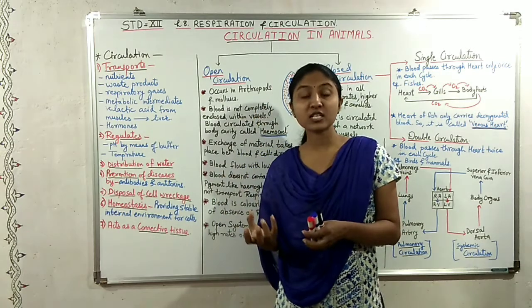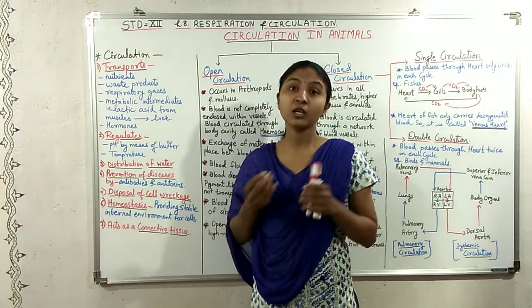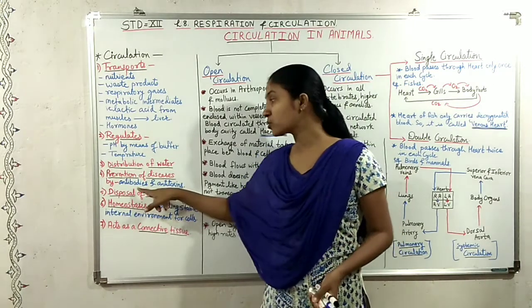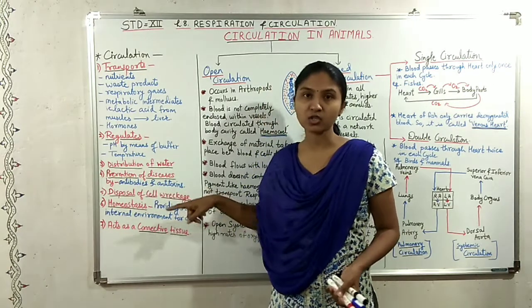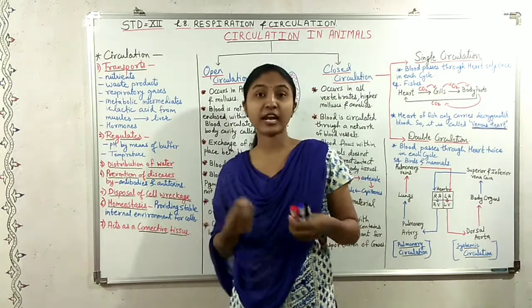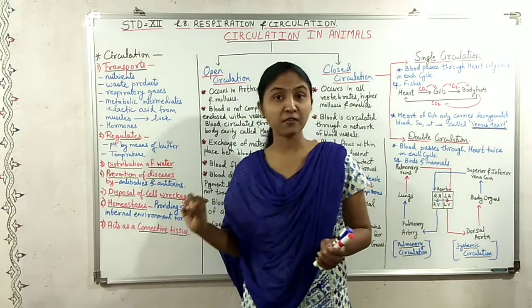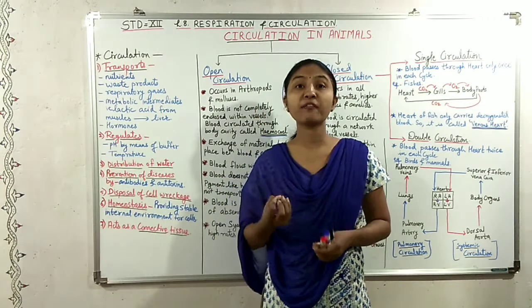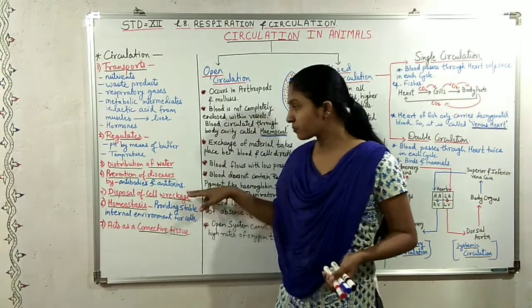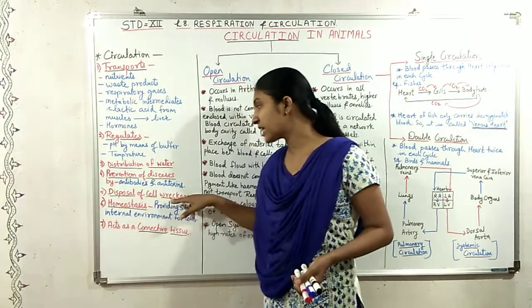So the WBCs present inside the blood produce the antibodies and antitoxins, and these are transported to all parts of the body, to each and every cell, in order to prevent them from diseases.